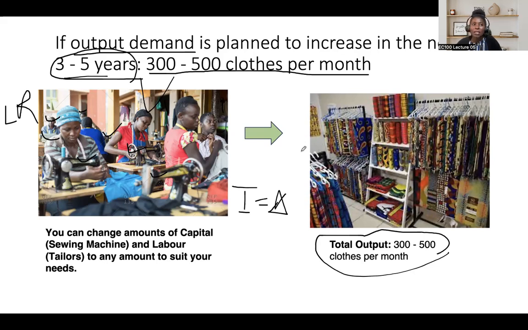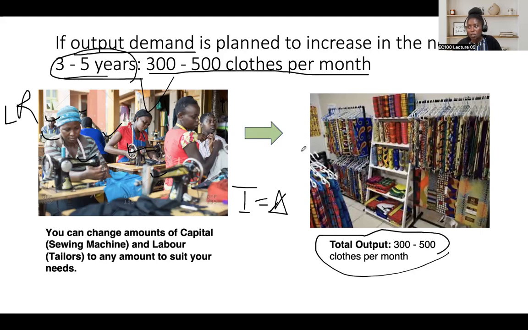If it's something that is easy to ship and bring to the shop, probably you'll get it sooner. But if it's something that requires a lot of things, then you might have to wait longer. So every decision in production, to adjust levels of output to meet the demand, will be constrained depending on the time.